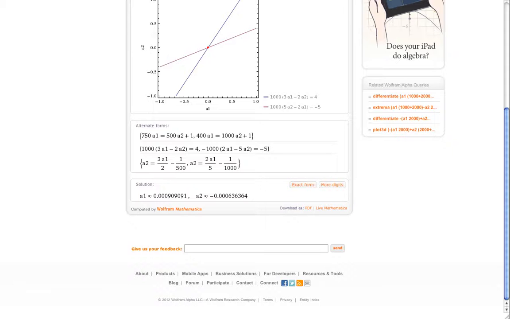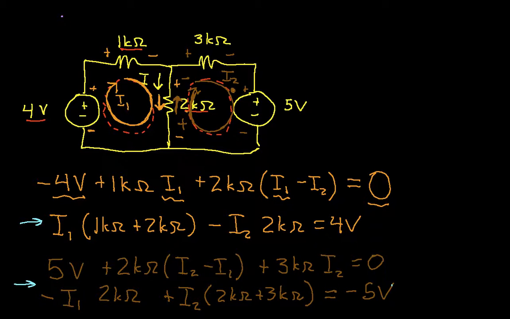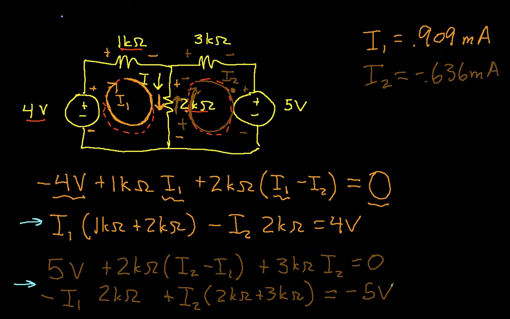Okay, so if we go back to our circuit diagram, we have now that I1 was 0.909 milliamps. I2 is minus 0.636 milliamps. Okay, so in a sense we're done, but just to make clear that there are now things we could compute.